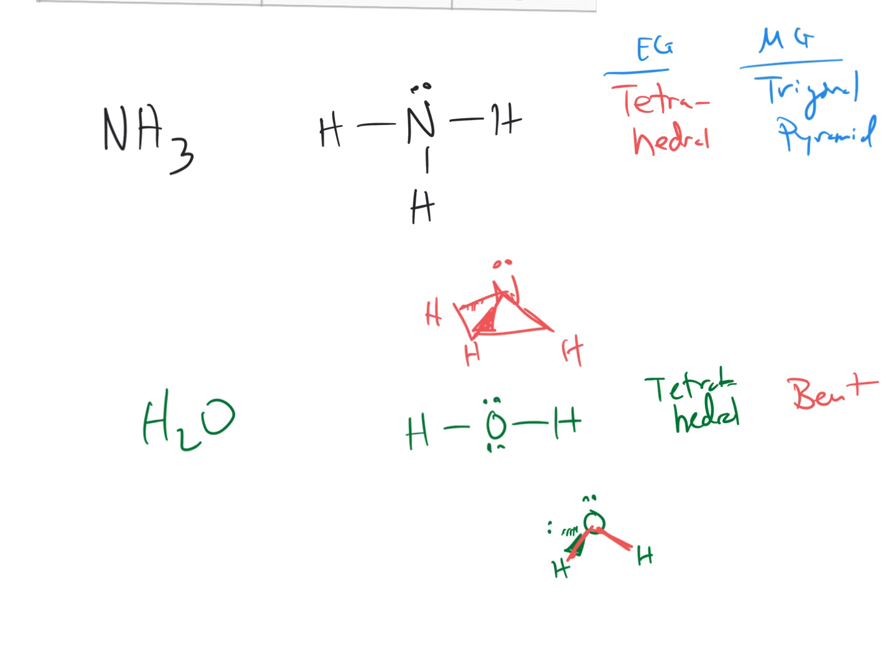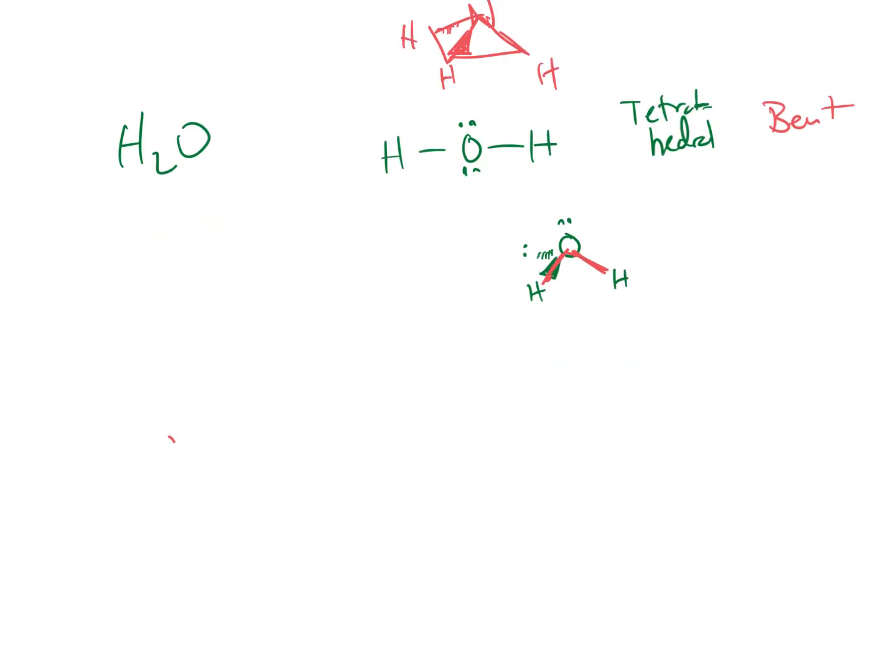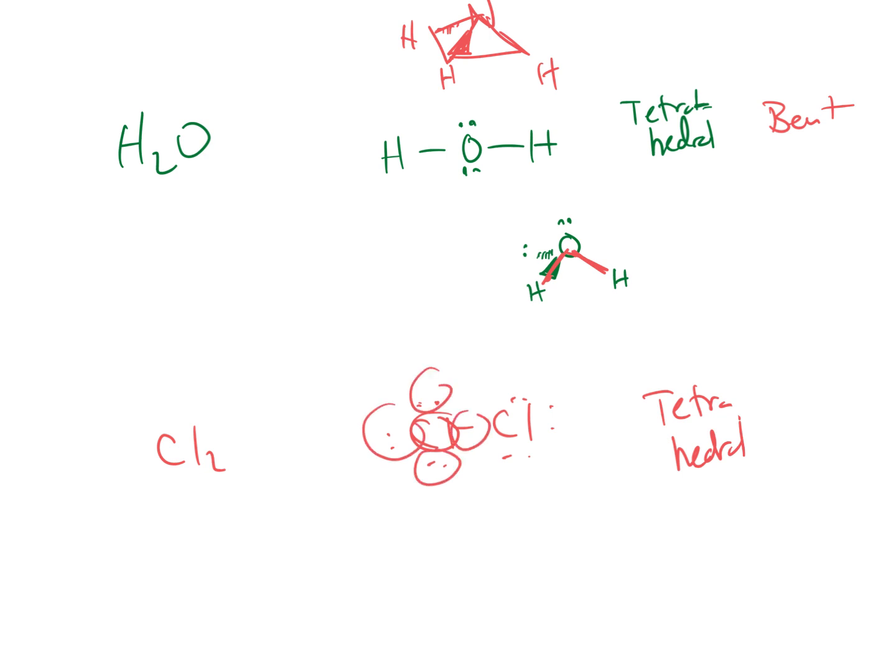Okay. And the last one, Cl2. This is still tetrahedral. Because you just take one of them, and there's 1, 2, 3, 4 regions, so it's tetrahedral.